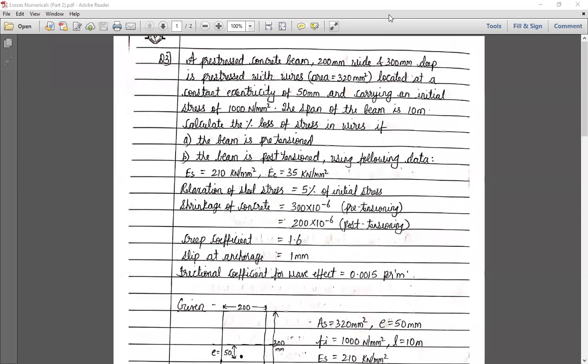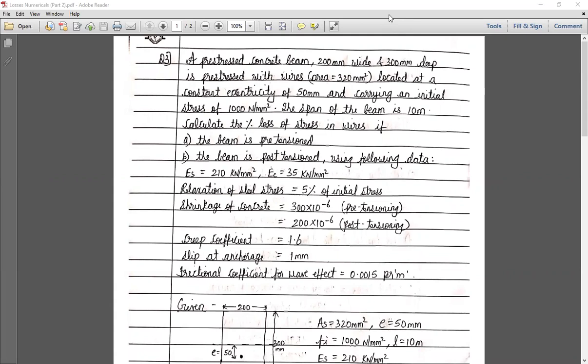So with this, we have completed the topic of losses in pre-stress. These are the typical numericals. If you solve these numericals, it is enough as far as the exams are concerned. And then the last topic remaining in this module is analysis of beams at transfer and working stage.